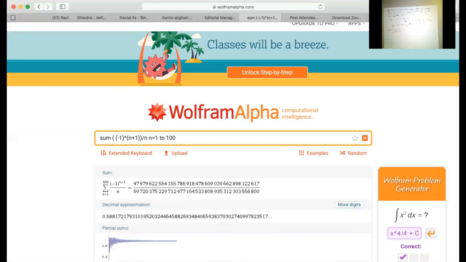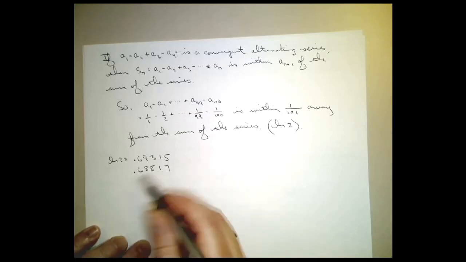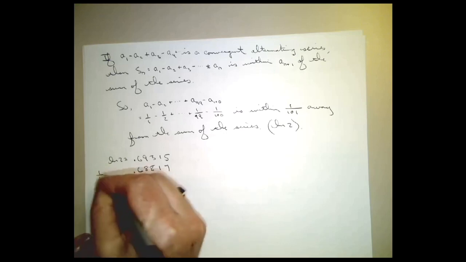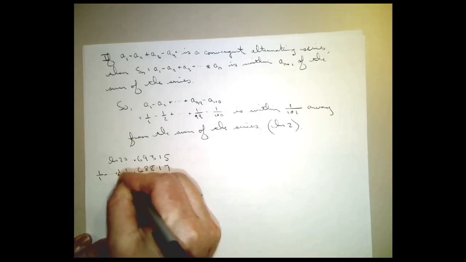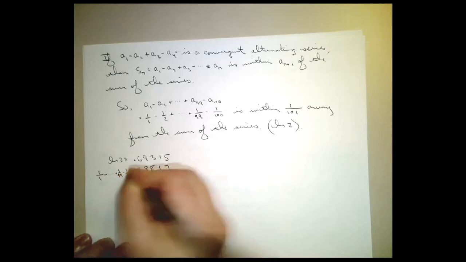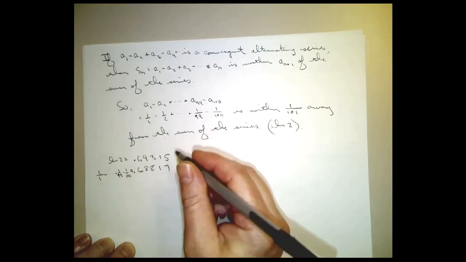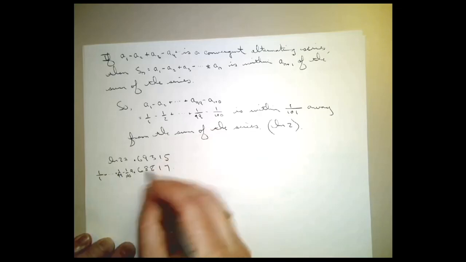So let's go back to our screen. So I had jotted these down. This was log 2. This was 1 over 1 minus up through, right, and we got something a little bit less as we expected. And in fact, if we actually subtracted this from that, we're going to get something that is smaller than 1 over 101.